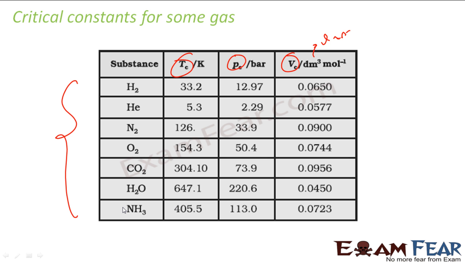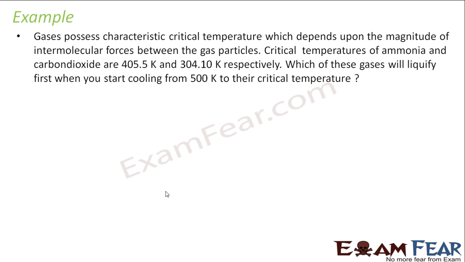So these are the values we have for different substances. And we see all these vary a lot. The temperature is 33 for hydrogen, for carbon dioxide it is 300, for water it is 640. So these values vary depending on the type of molecule. We'll take some examples on this.